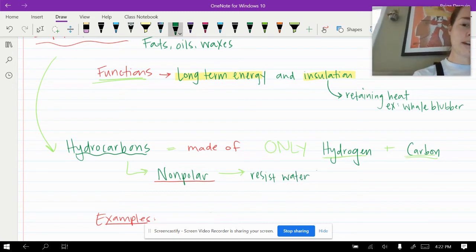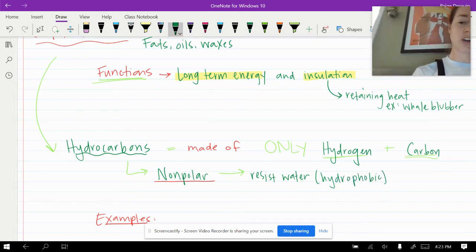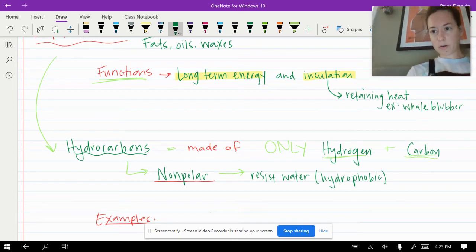And we call that hydrophobic. Hydro means water, and phobic is fear. If you have a phobia, you're afraid. So you can think about them as literally being afraid of water.